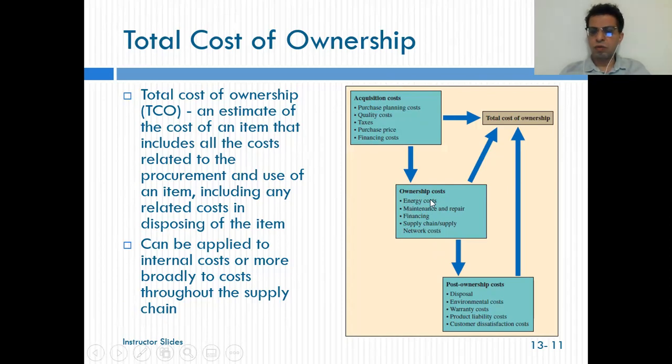When you own it, you start having energy cost, maintenance and repair, financing, supply chain, and networking access. Post-ownership, there may be a disposal cost, environmental costs, warranties, guarantees, product liability costs, and customer dissatisfaction. All of these will be part of the calculation of total cost of ownership.